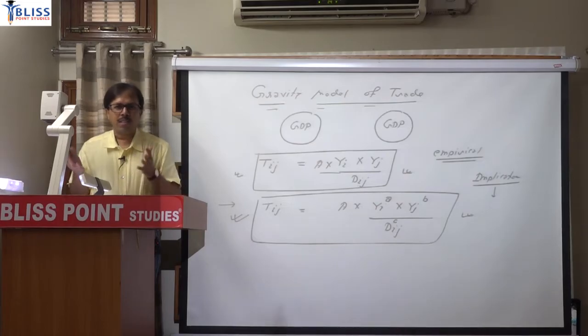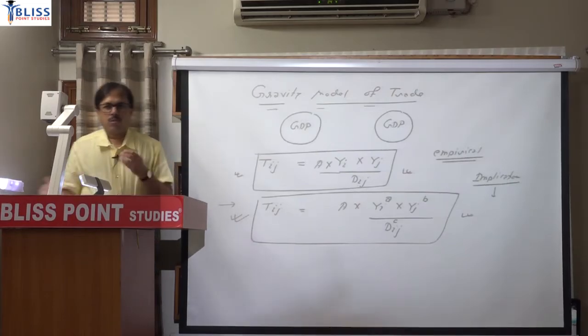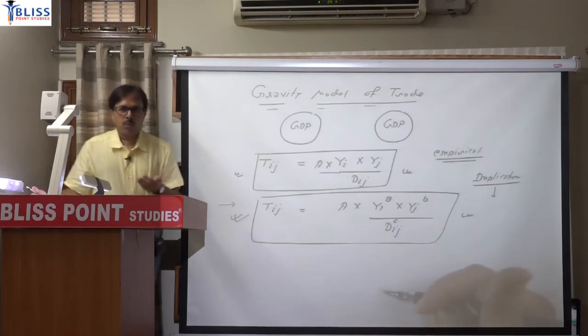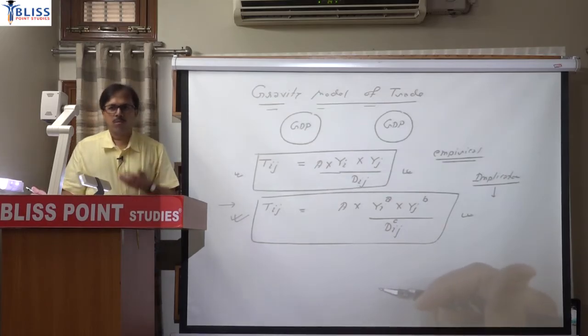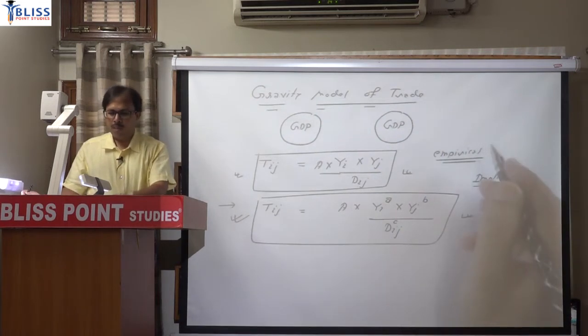So it is simply saying that the size is determining the trade and the distance is determining the trade, and not focusing on why we are exporting a particular product. You may be exporting that particular product because of the cost advantage, so that cost advantage has not been highlighted. So some implication and some drawback of this model.